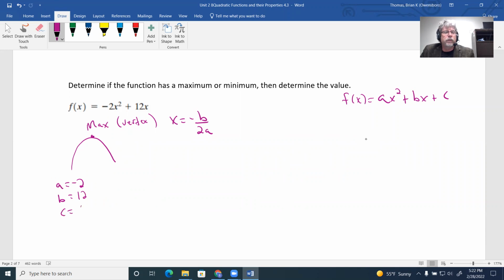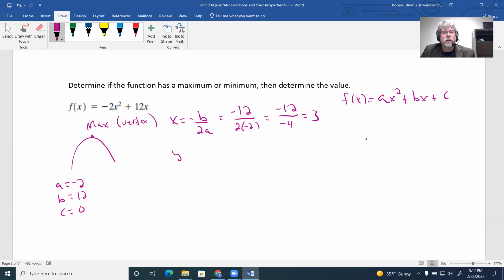And the c would have been 0. So we just got to take the opposite of 12. The opposite of 12 is going to be -12. And then 2 times -2. So that's going to be -12 over -4, which turns into a 3. So that's going to be the vertex, the x value of the vertex.